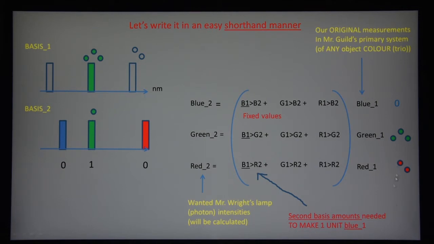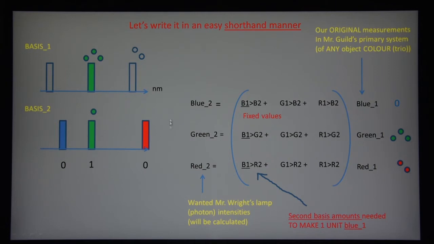The numbers that Mr. Guild needs as photons to represent any kind of color in the world, whether it's a red tomato or a blue parrot or whatever, these are variable. This is what he's going to tell you. He says, oh, I measured the sun, or I measured ice cream, and I needed 0 blue, 3 green, and 2 reds.